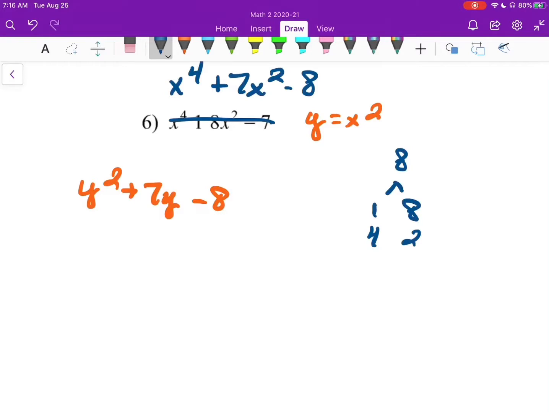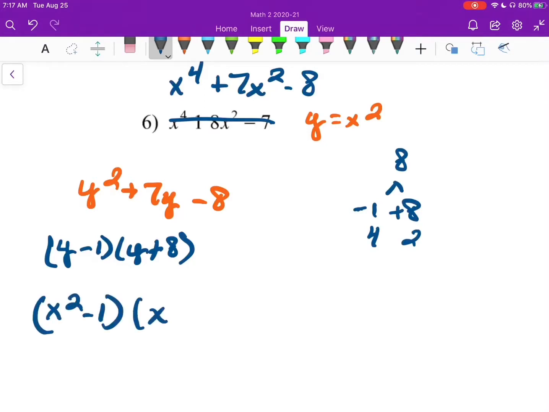But I don't think 4 and 2 can make a 7. But 1 and 8 can. We need a positive 7, so it's going to be a negative 1 and a positive 8. So we're going to have y minus 1, y plus 8. We can plug in our x, so we get x squared minus 1, x squared plus 8.